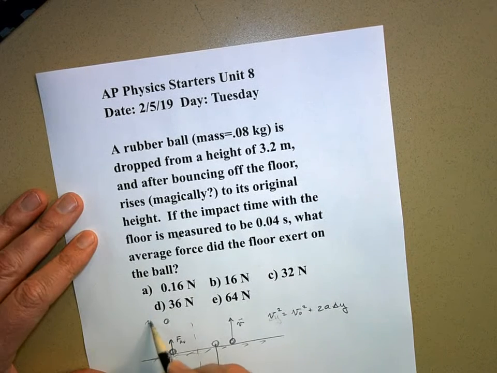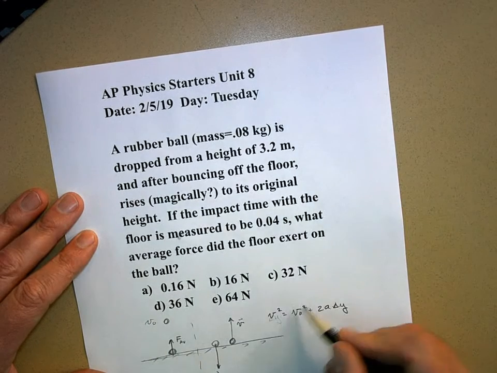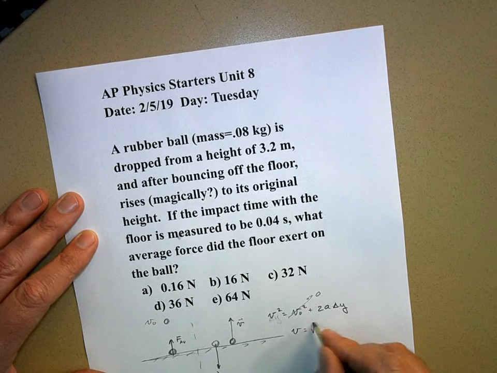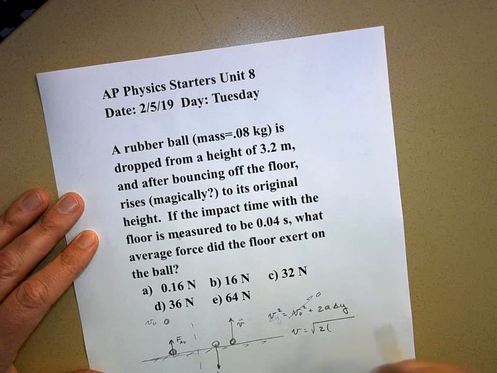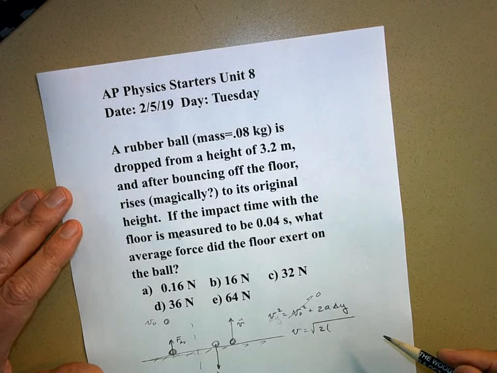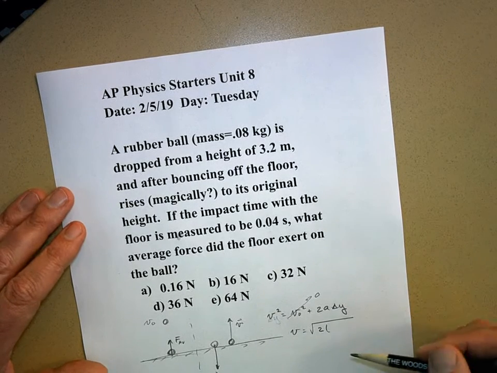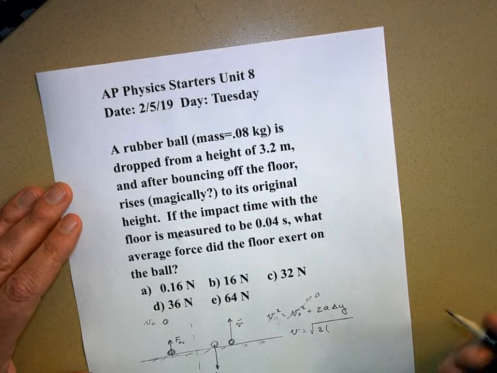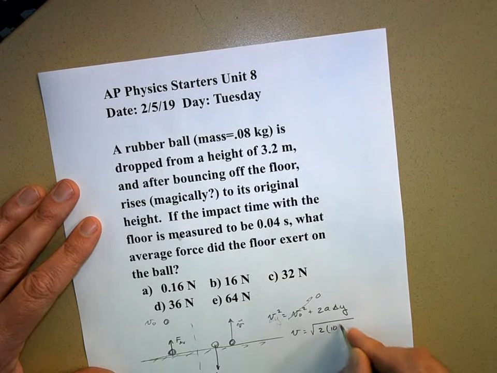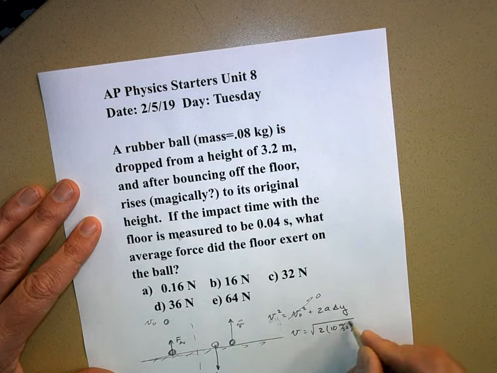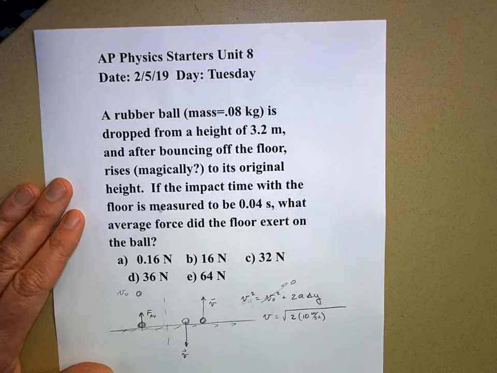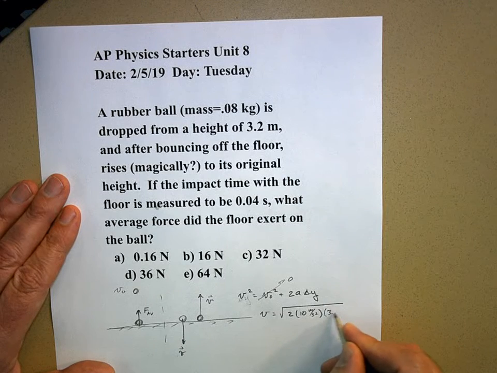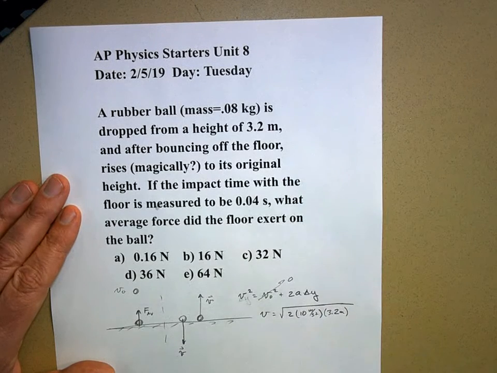The initial velocity, v naught, is going to be 0. So v is going to be equal to the square root of 2 g delta y. Now, one of the things you're allowed to do is use 10 on multiple choice instead of 9.8. So I'm just going to use 10 meters per second squared, and delta y is given to be 3.2 meters.